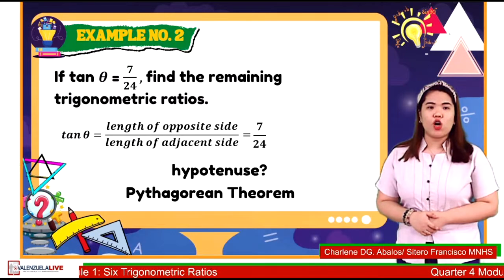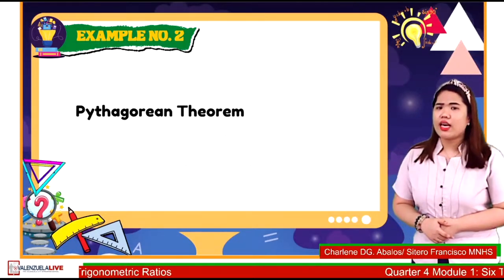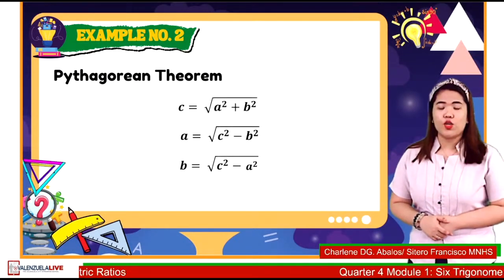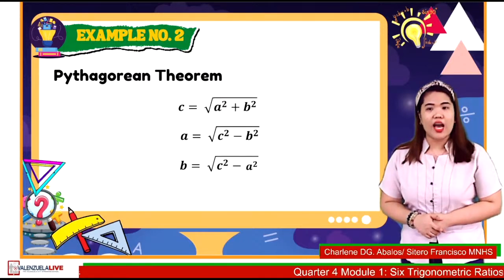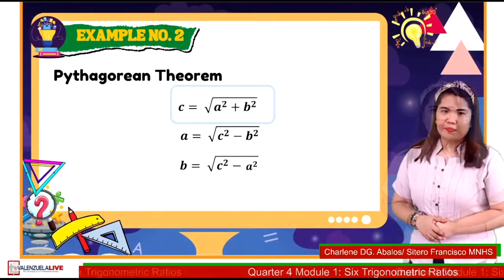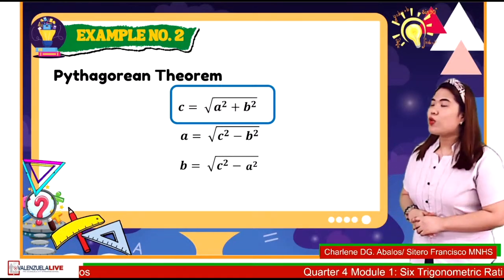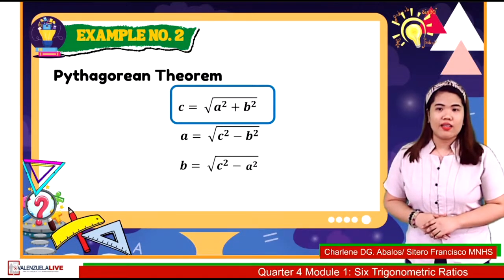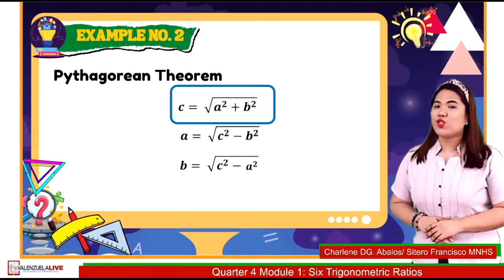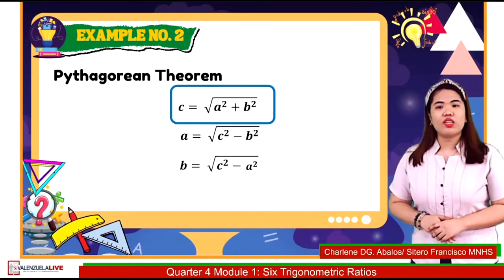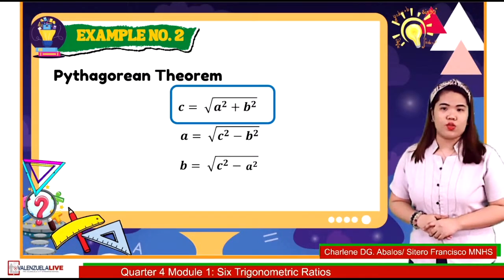Based on this given formula, what do you think is the appropriate formula to use in getting the length of the hypotenuse? That's right. We will use the formula C is equal to the square root of A squared plus B squared, because we are about to get the length of the hypotenuse.